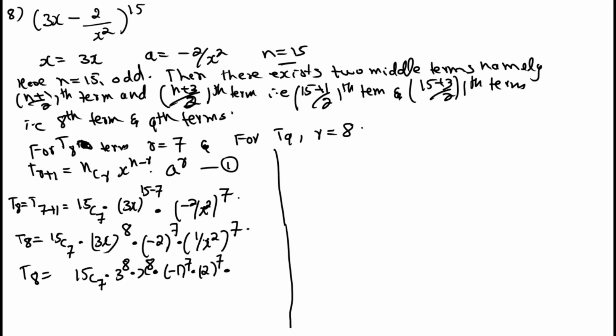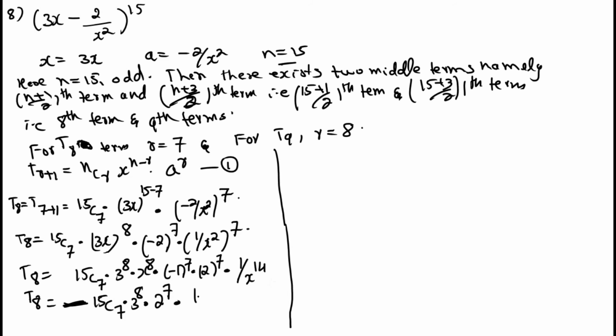Into, here see, (1 by x square) to the power 7, that means 1 by x to the power 14. Okay. In the next step, T8 equals, minus 1 to the power 7 is minus, 15C7 into, first I'll write the number, 3 to the power 8 into 2 to the power 7 into x to the power 8 by x to the power 14.